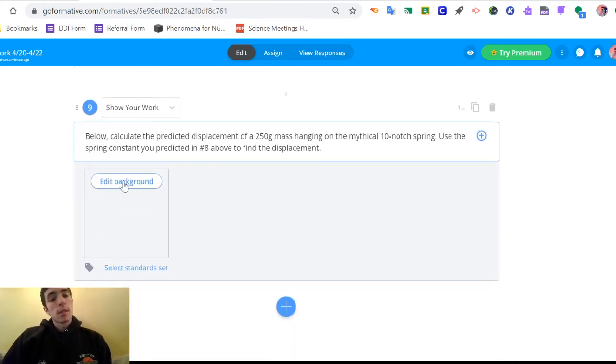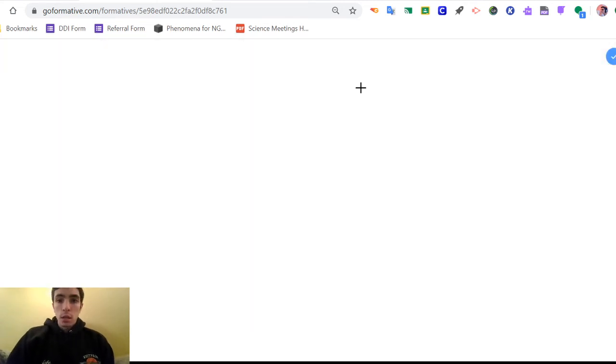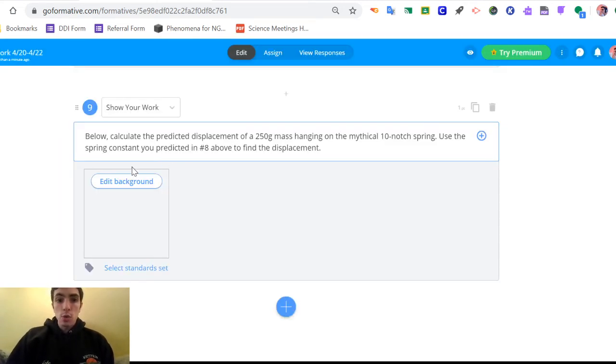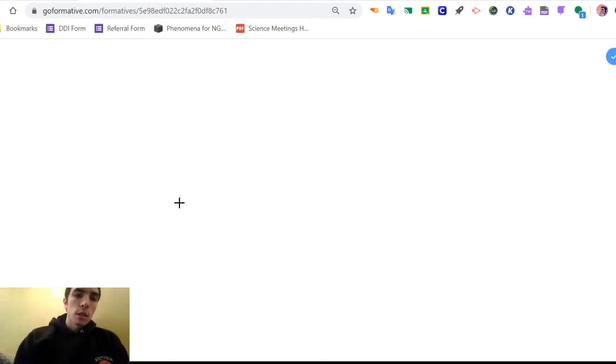Now, the last thing that you have to do today is use the data that you just analyzed and used to predict the 10th notch spring constant, and calculate the displacement for that 250 gram mass. The way that you would do that is still using Hooke's law.